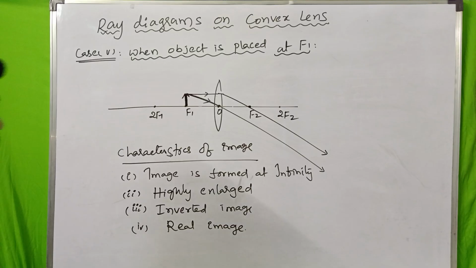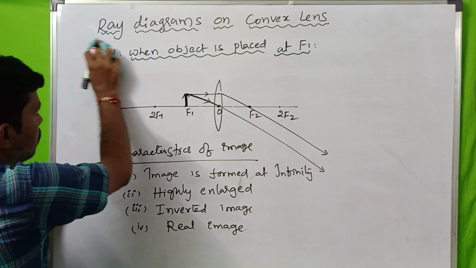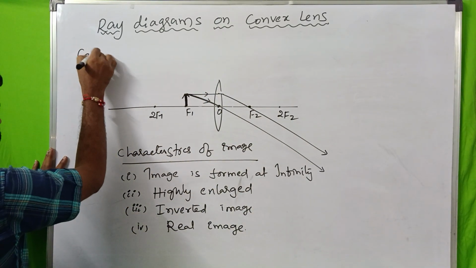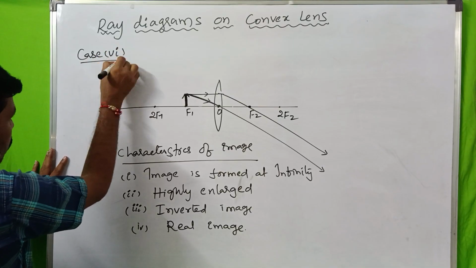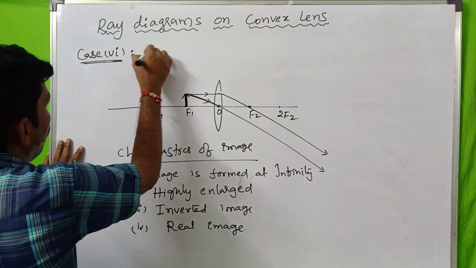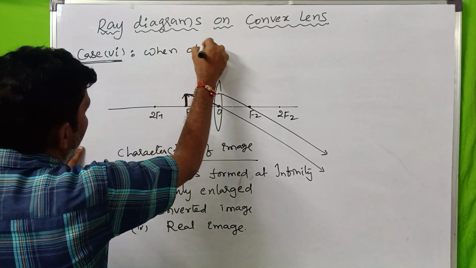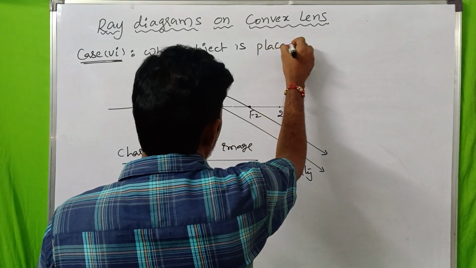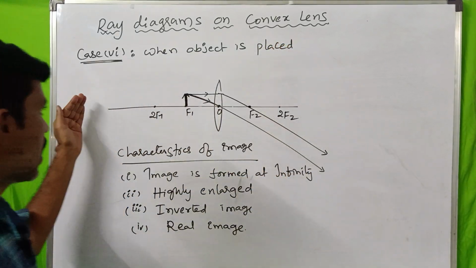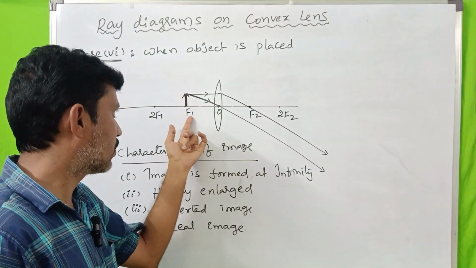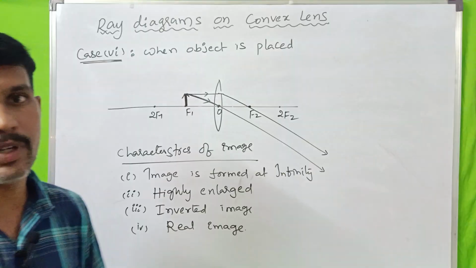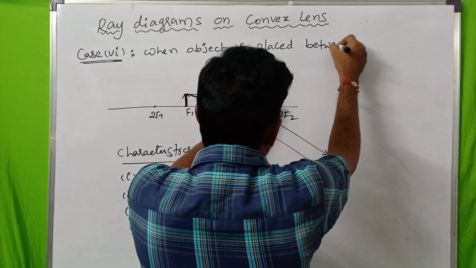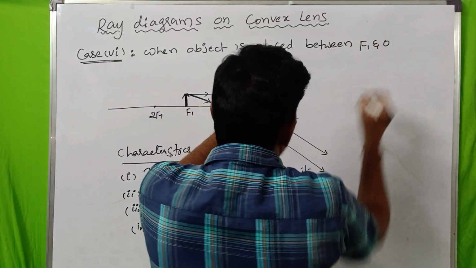Right, so let us go to the last one, case 6, most important. Case 6: when the object is placed between F1 and the optic center. We are moving the object position forward. Till now we came up to F1. Now the object is between F1 and the optic center.